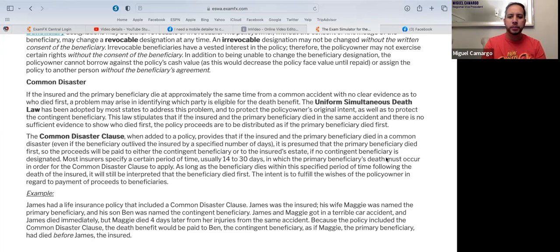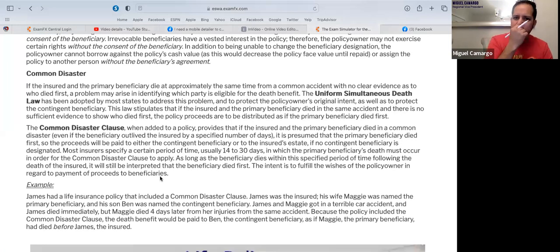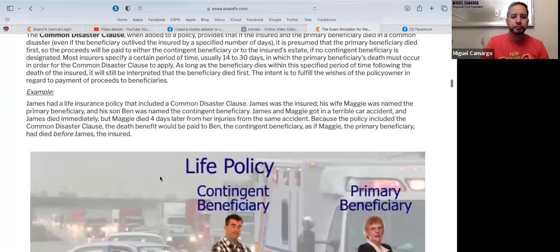If no contingent beneficiary is designated, most insurers specify a certain period of days, usually 14 to 30, in which the primary's death must occur in order for the common disaster clause to apply. That's not really something that's going to be testable. You might want to write 14 to 30 days down just as a mental note, but that's really not something you're going to focus on too much.